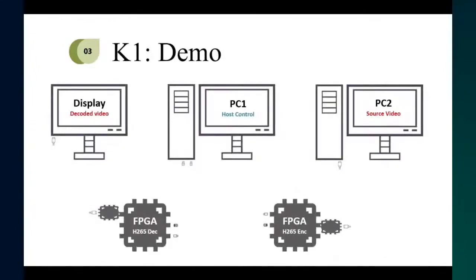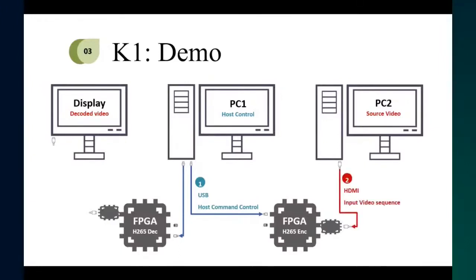And here we show our K1 demo system. We use 3 displays and 2 FPGA boards. Firstly, we download our circuit from the host PC to these 2 FPGAs by USB tab. And we input the video from the HDMI board, where the video source is provided by PC2.